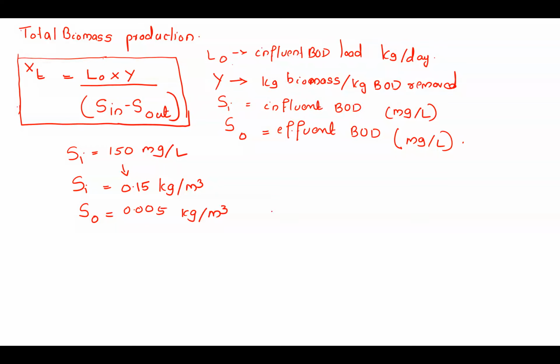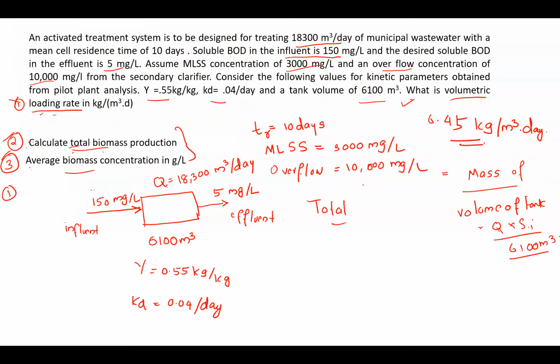So now X is equal to, and L naught we have calculated previously, it is coming around 2745 kg per day. So now X is equal to 2745 into yield. What is the yield here?